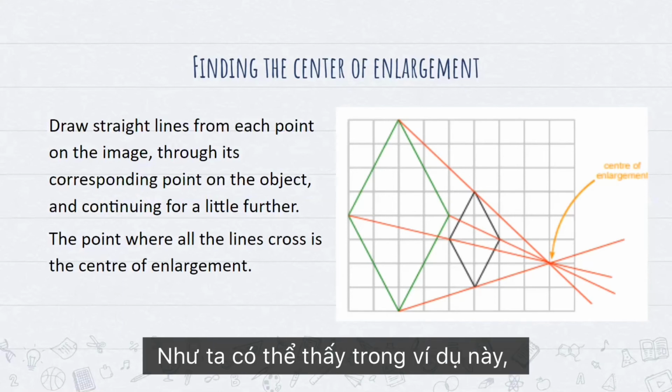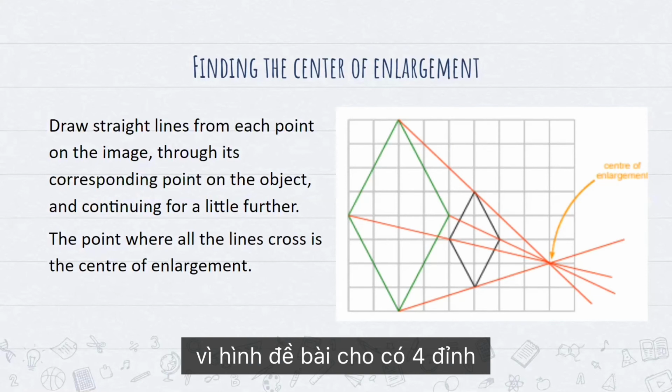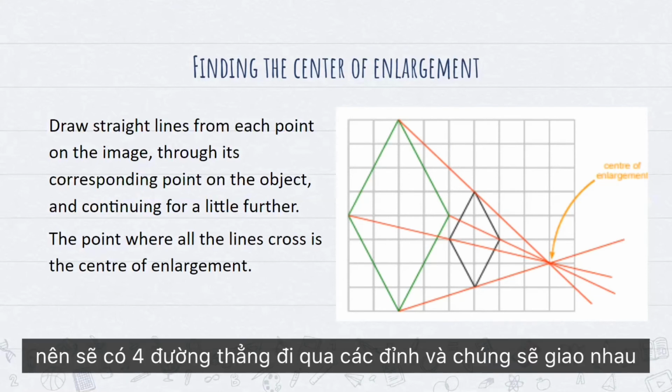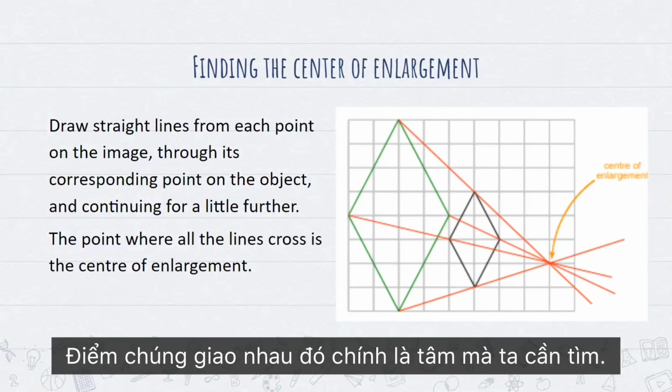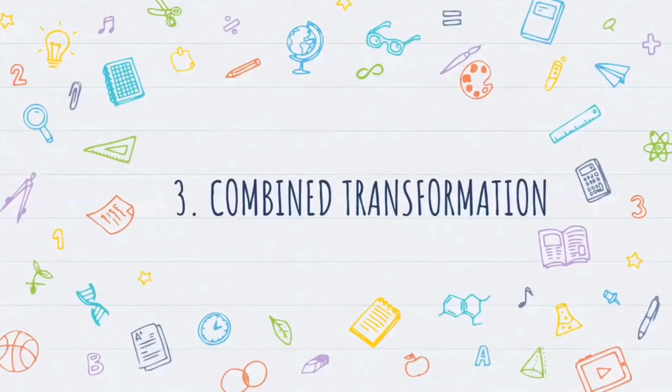As you can see here, because this shape has 4 corresponding points, there would be 4 lines that have to intersect with each other, and their intersection is the center of enlargement.